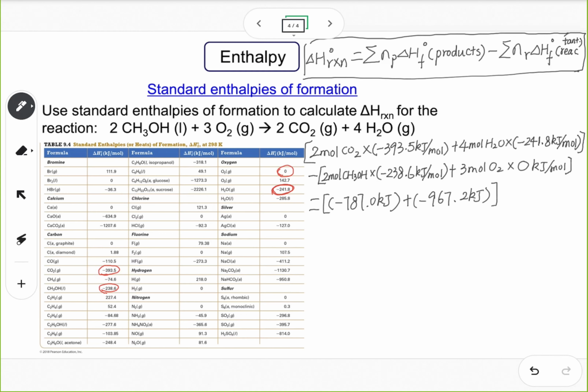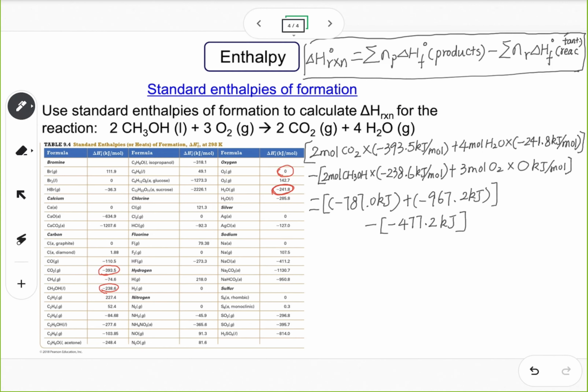Okay, minus, I'll write it down here. The second part, that's going to be from this one. Of course this one would be 0, so I'll just write this one here. That's going to be negative 477.2 kilojoule.